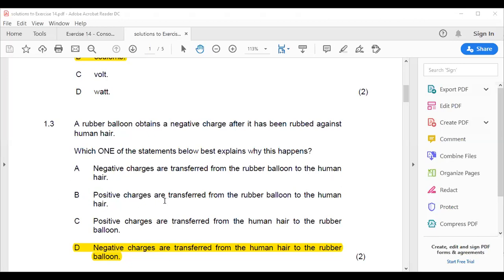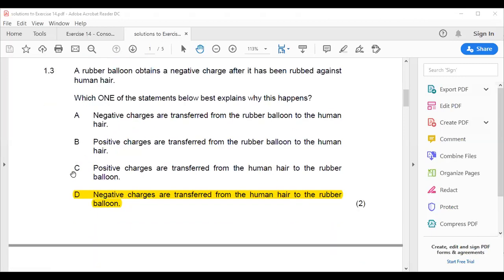B, positive charges are transferred from the rubber balloon to the human hair. Positive charges, they don't move. What moves is negative charges. So B and C are incorrect because protons do not move. What moves is electrons. So your answer must be between A and D.